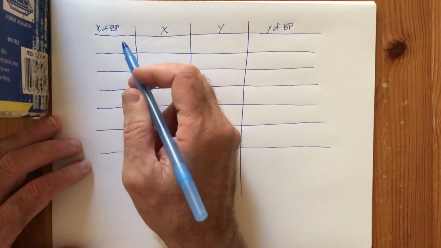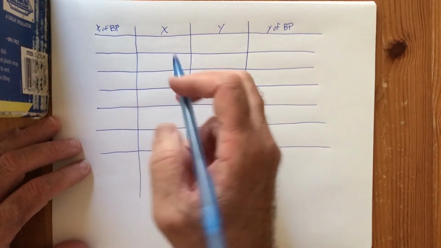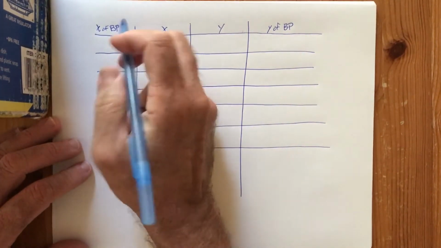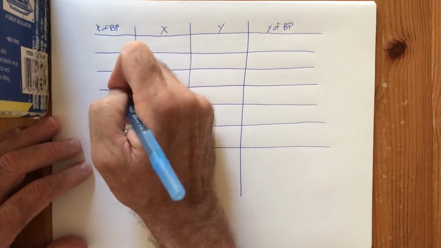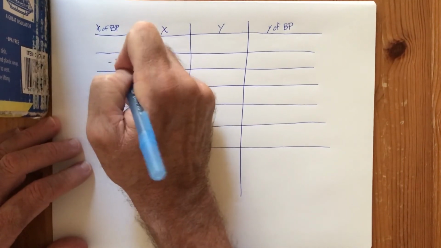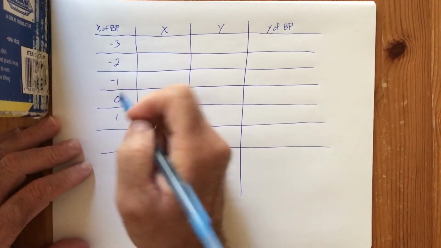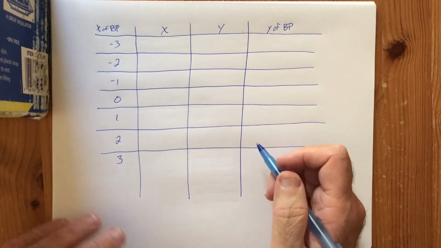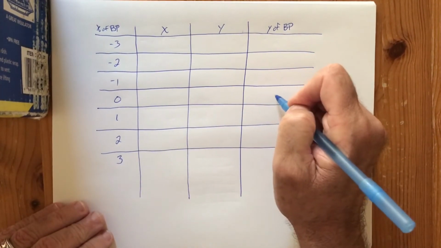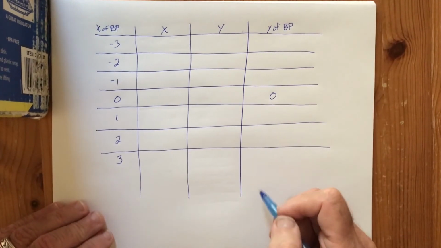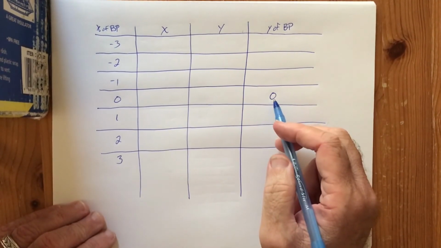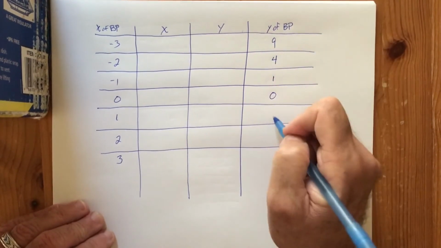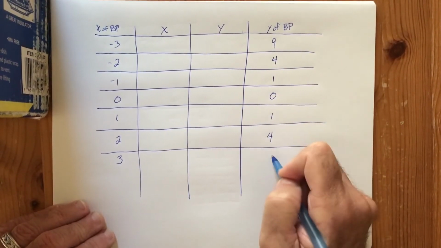And if we recall what we just mentioned about the basic parabola, the vertex is here, and then the x-coordinates are going to be negative 1, negative 2, and negative 3, positive 1, positive 2, and positive 3. For the y-coordinates of the points, the y-coordinate of the vertex of the basic parabola was 0, and then this was 1, 4, and 9, and this will be 1, 4, and 9 also.